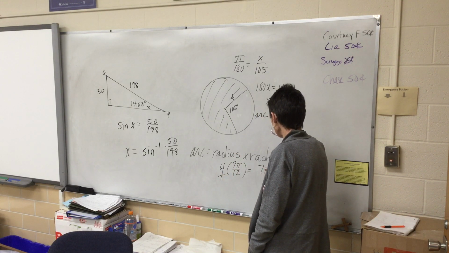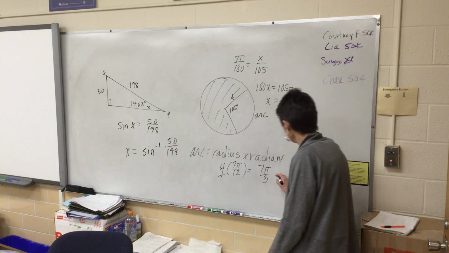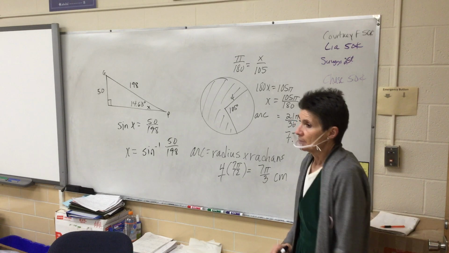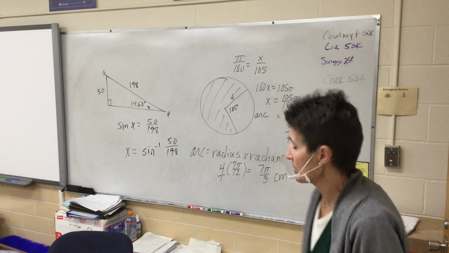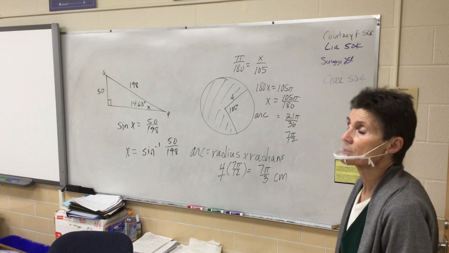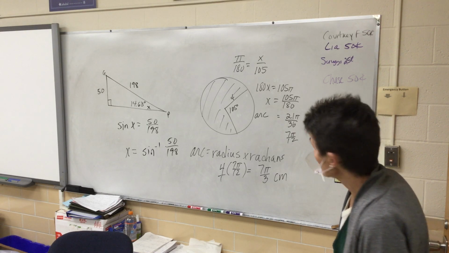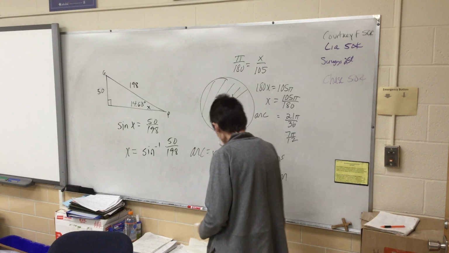But it looks like that's going to be 7 pi over 3 centimeters. So the length of that arc is 7 pi over 3 centimeters. Okay?